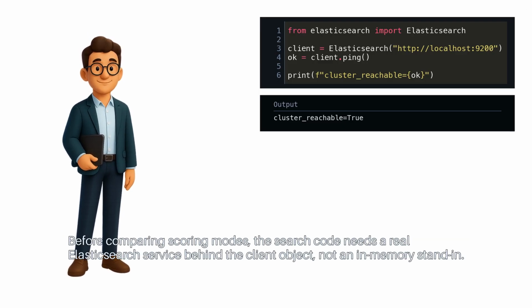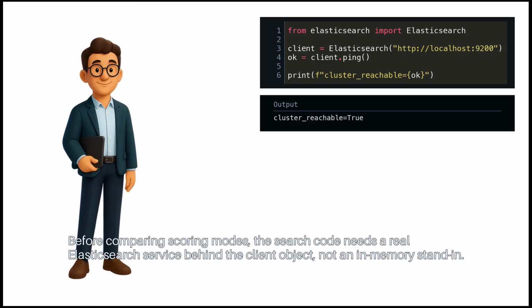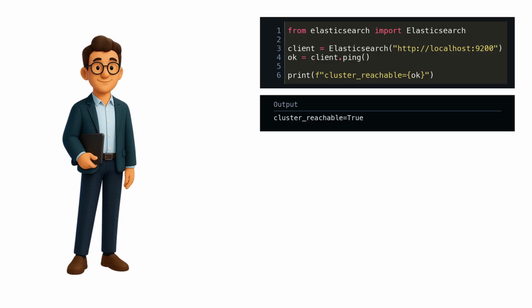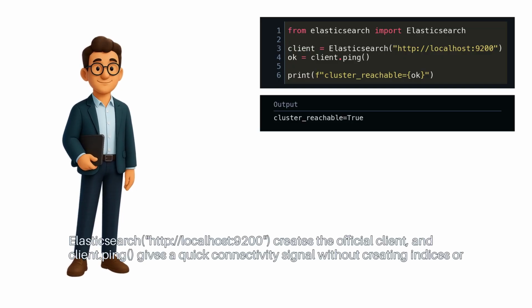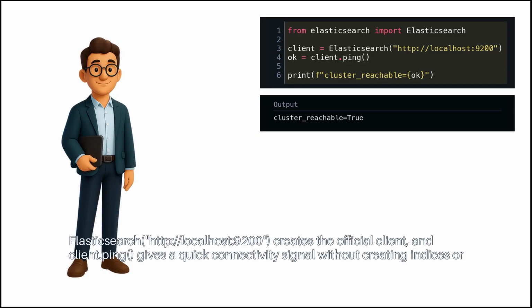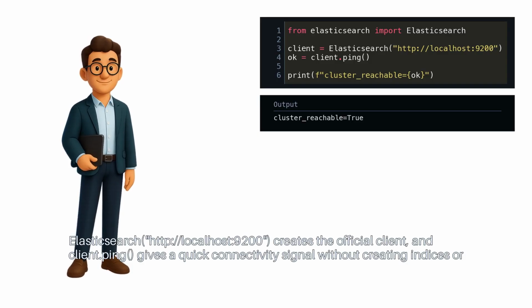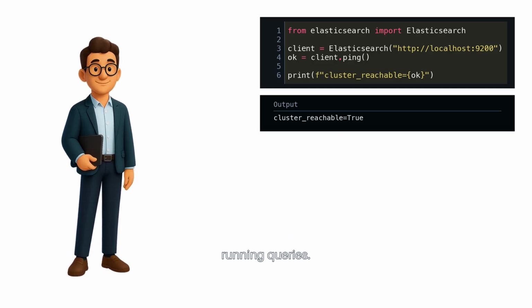Before comparing scoring modes, the search code needs a real Elasticsearch service behind the client object, not an in-memory stand-in. Elasticsearch at http://localhost:9200 creates the official client, and client.ping gives a quick connectivity signal without creating indices or running queries.